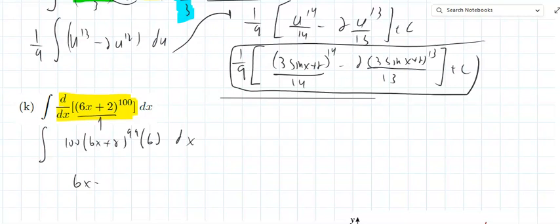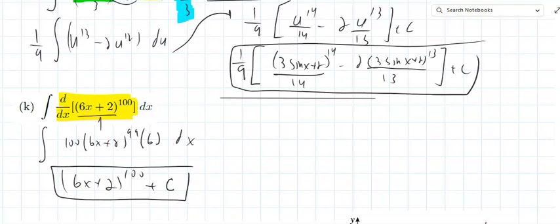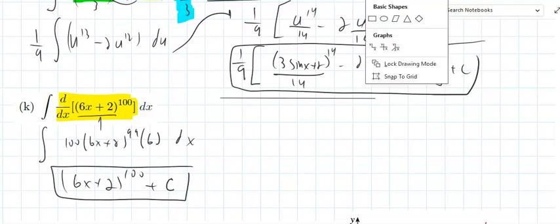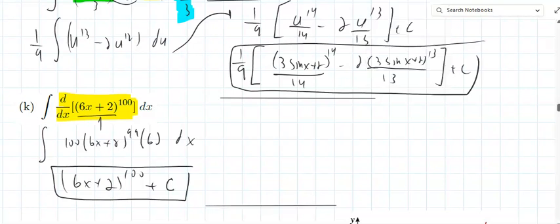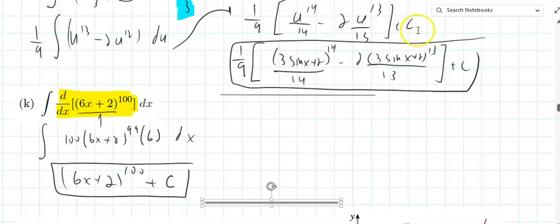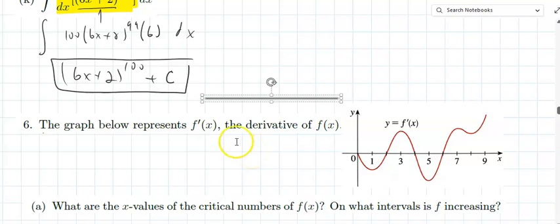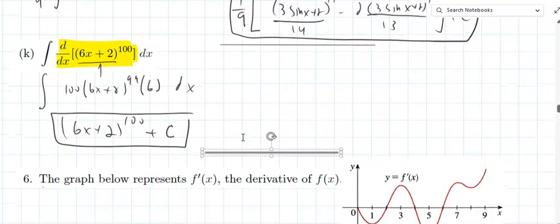That is 6x plus 2 to the 100. The only exception, you pick up a plus c, because you took a derivative first, and when you integrate, we assume that this is a general function and we add the plus c.